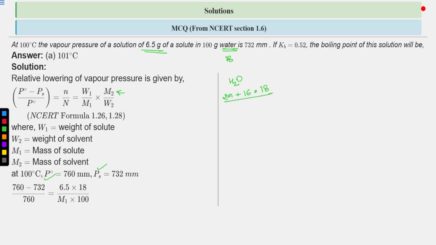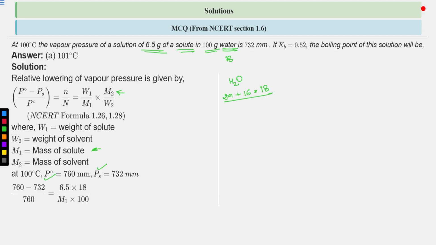So 6.5 times 18 divided by M1, the mass of the solute. The solute has no name, we just call it solute. Multiply by 100 because the weight of solvent is given as 100 gram water.